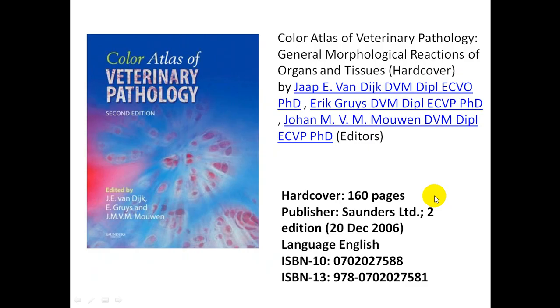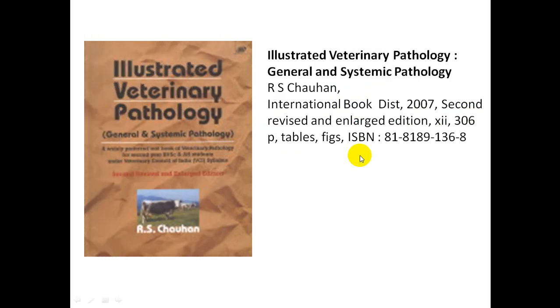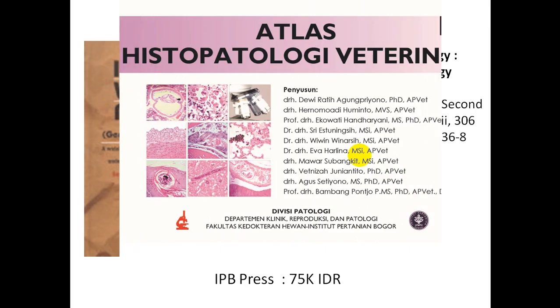This is also an atlas of veterinary pathology. We will give you some lectures based on the lesions described here. And this is Illustrated Veterinary Pathology. I think this book can be obtained from some online sources. You can look for it by yourself.